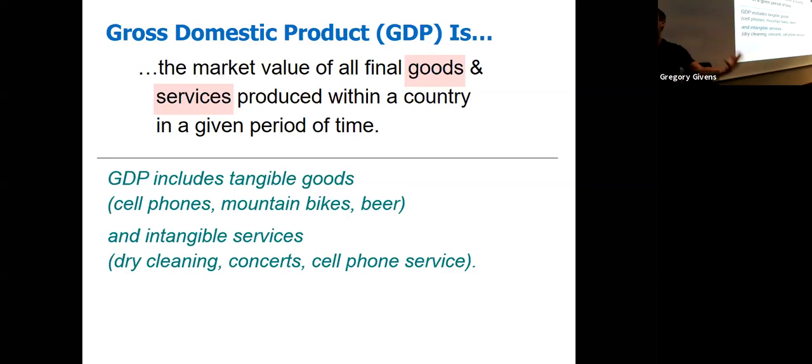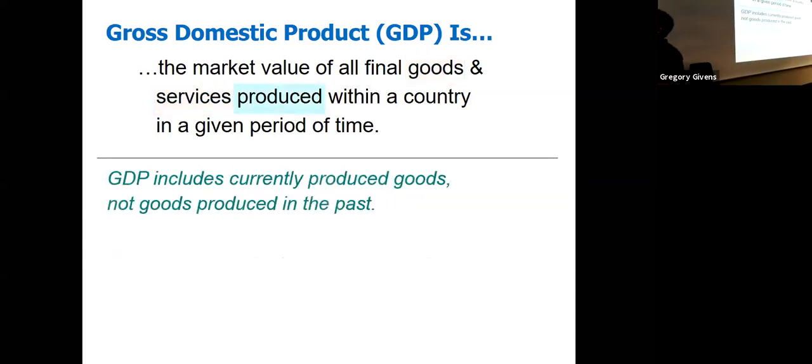They're intangible products, right? The market value of all of that stuff also gets included in gross domestic product. GDP includes the market value of all final goods and services that are actually produced.